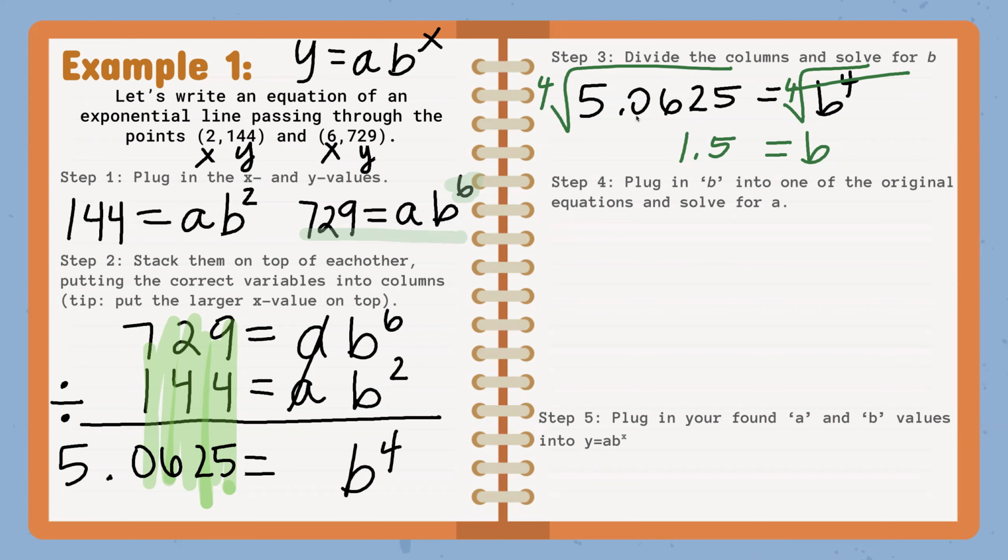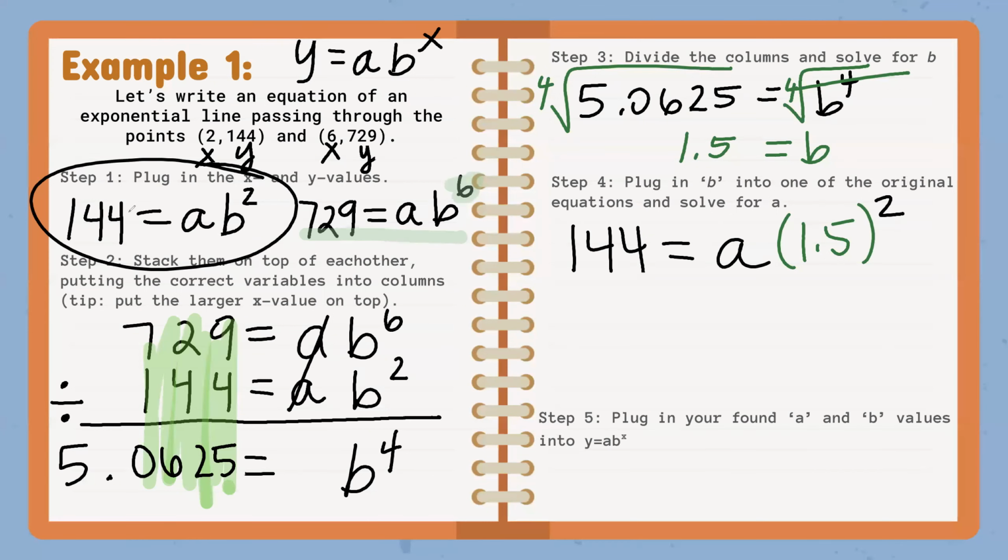From here, it's the same as the other method when you're given the y-intercept: you plug b into one of your original equations. It doesn't matter which one. I'll pick the one with the smaller numbers. B, I now know, is 1.5. I chose this equation, so I have 144 = a times 1.5 squared.